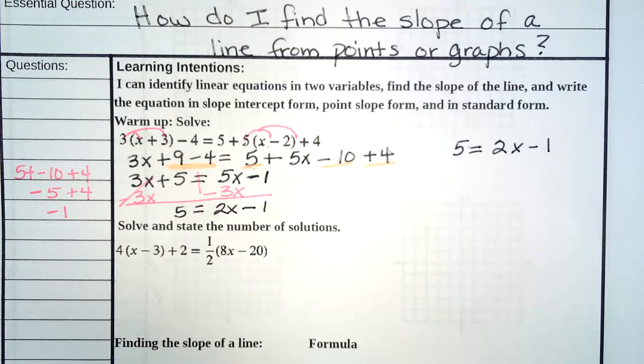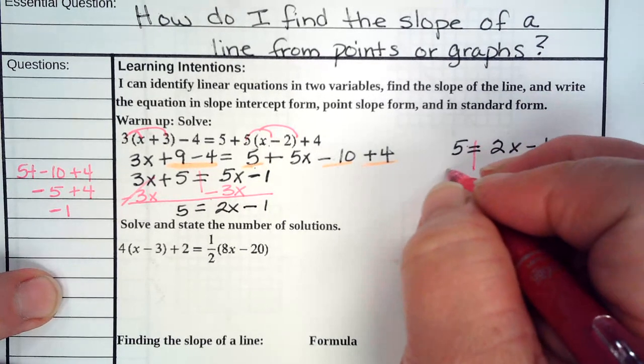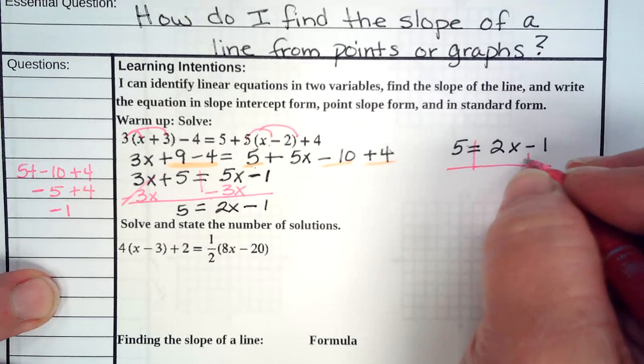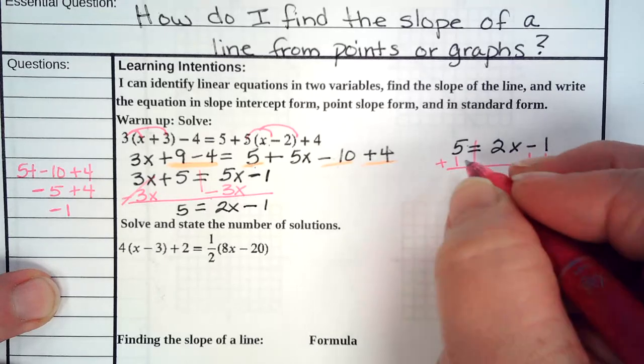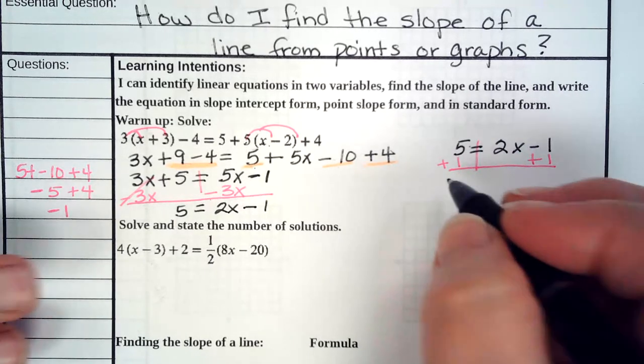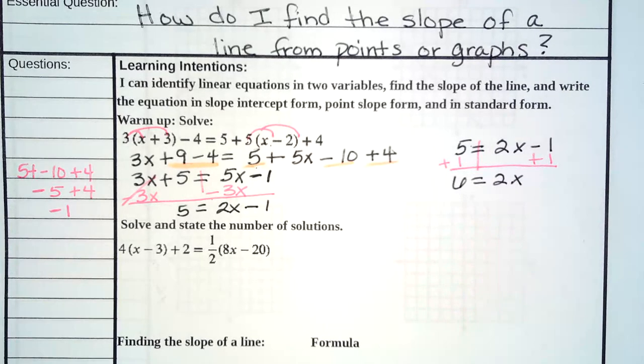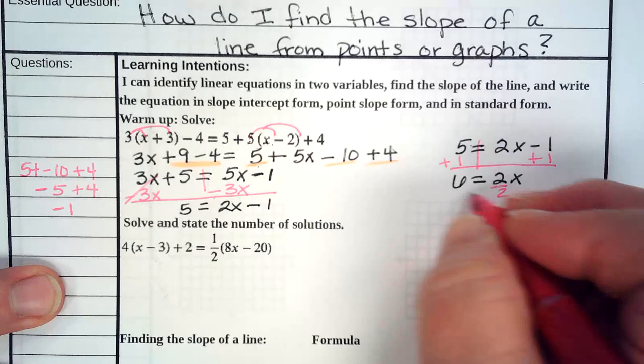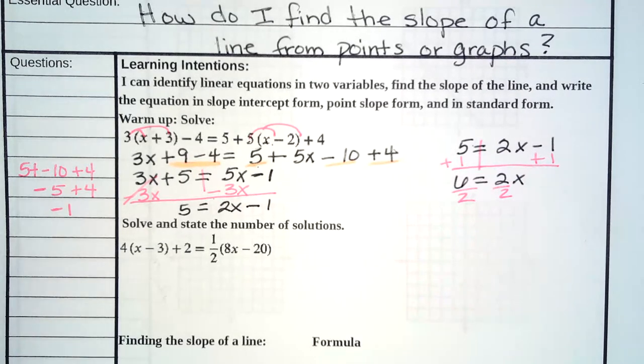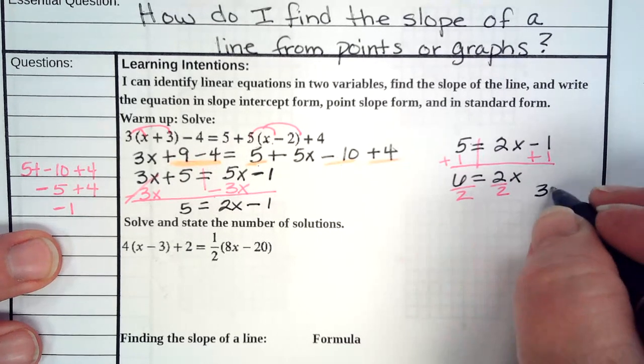Okay, next step. Get your numbers to the same side. I'll add 1 on both sides. 6 is equal to 2x. Divide by 2. And 3 is equal to x.